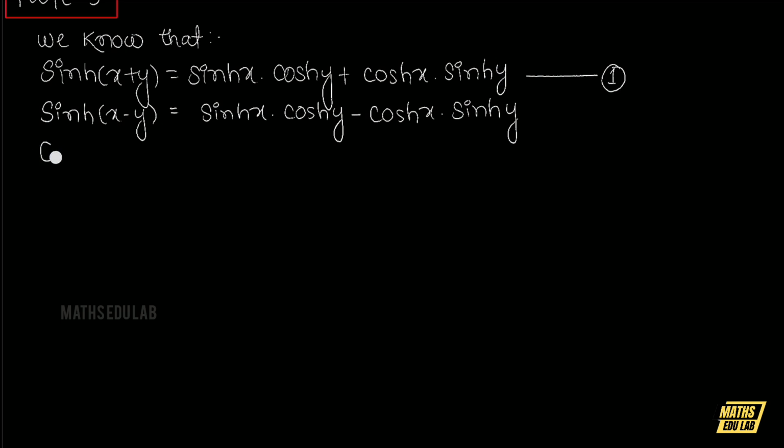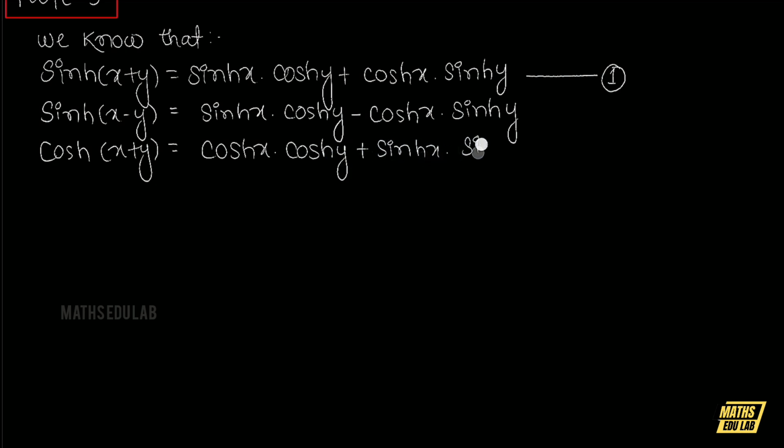Next, cosh(x+y) is equal to cosh x cosh y plus sinh x sinh y.